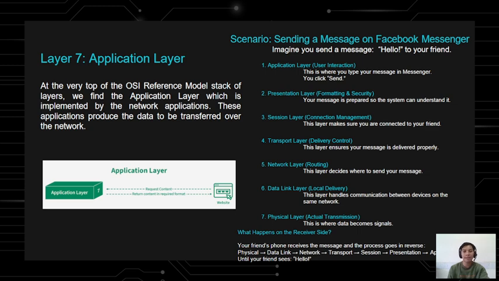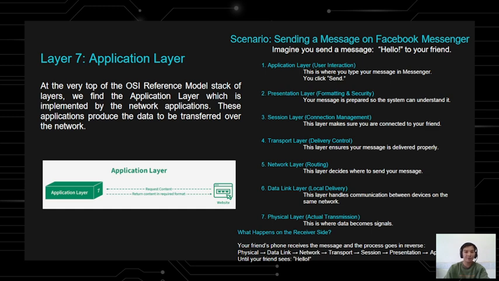Next, the transport layer ensures that the message is properly delivered, while the network layer decides the best route for the data. The data link layer handles local delivery between devices on the same network. And the physical layer converts the message into signals for transmission.